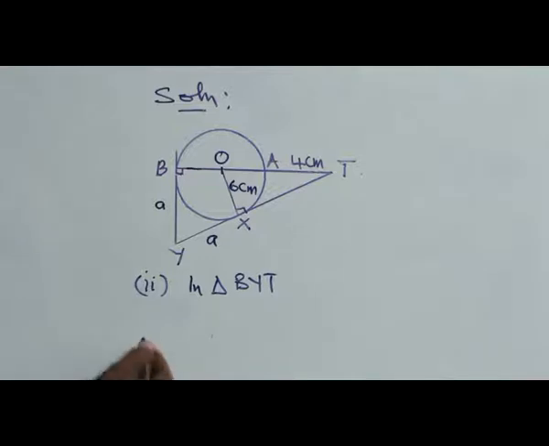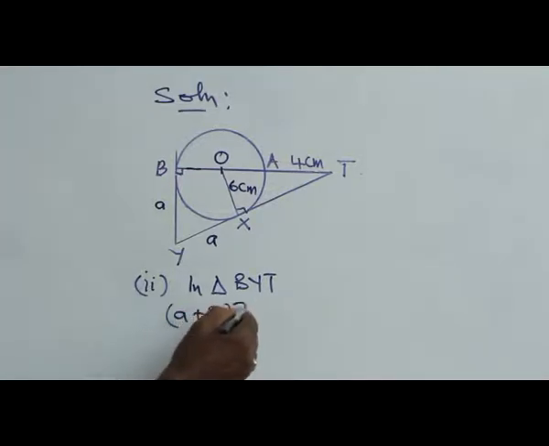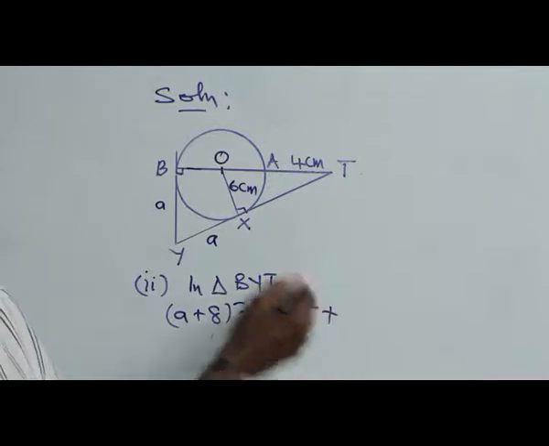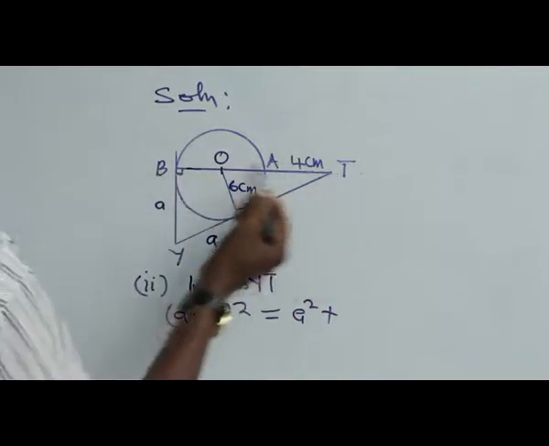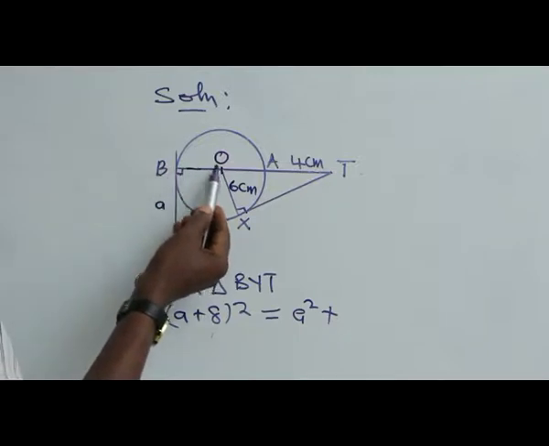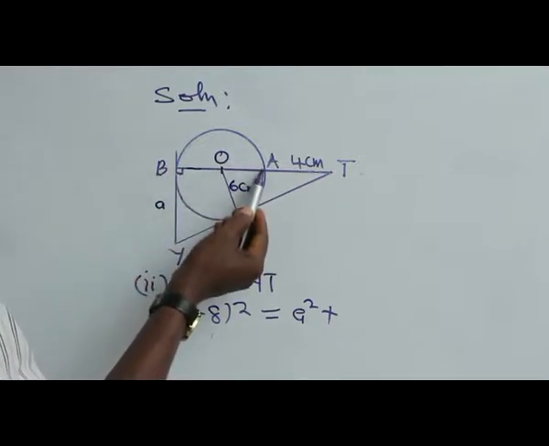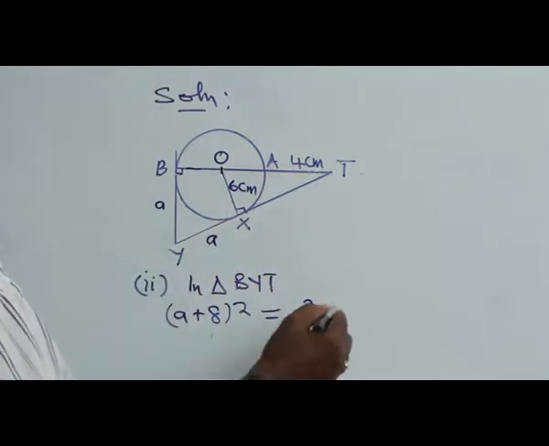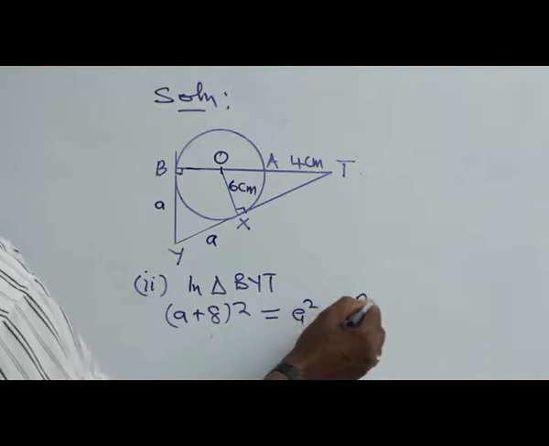You have gotten that. So we can have that our A plus 8 all squared will be equal to our A squared plus our BT squared. And notice that from B to O is 6, from O to A is 6, that is 12, and then from A to T is 4. 12 plus 4 is 16, so that is plus 16 squared.